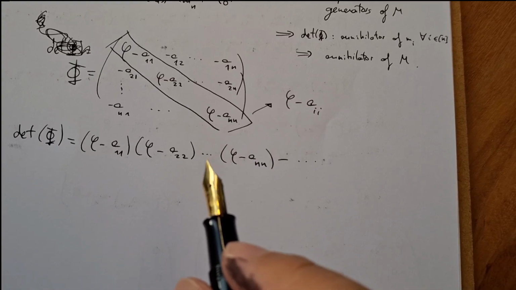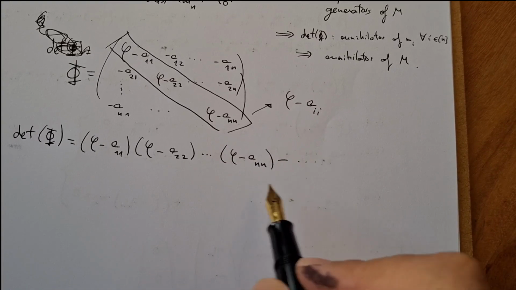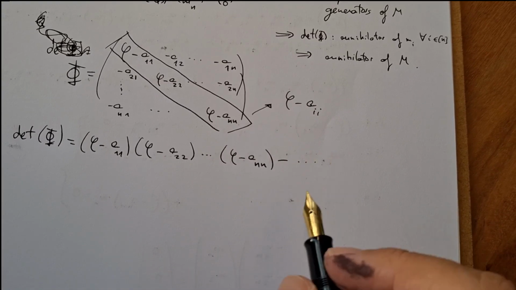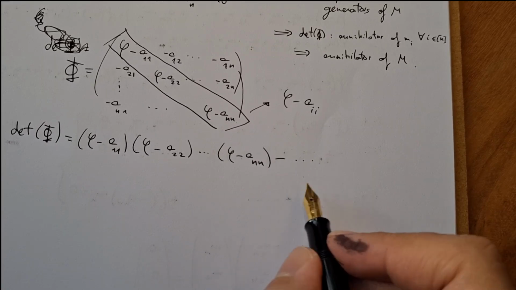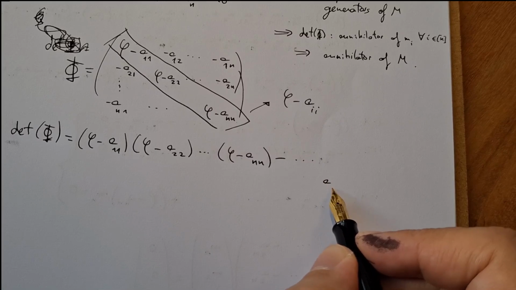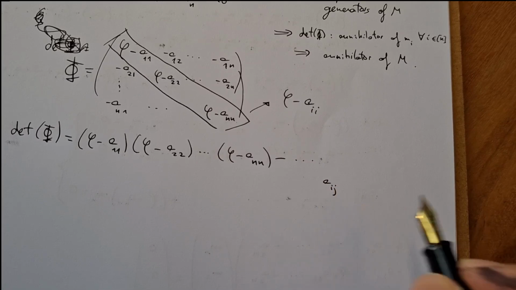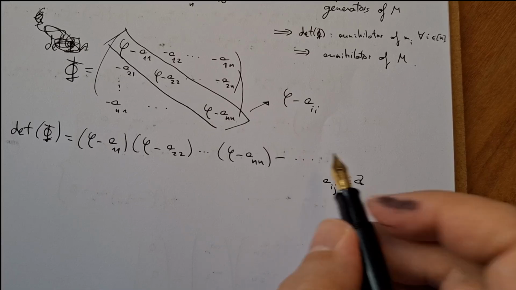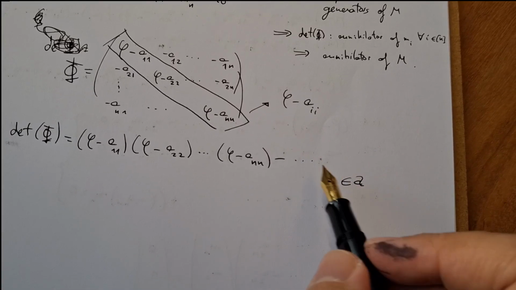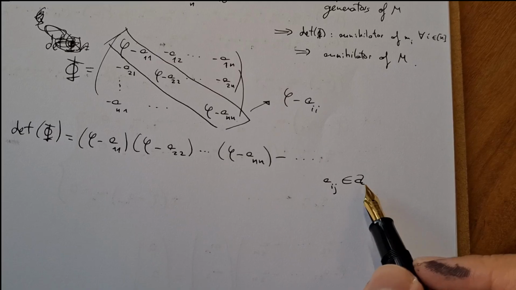But the thing is that we know that all those terms would have the coefficients. So all the a sub ij combinations will be in the ideal. So combining all those things, the coefficients will be in the ideal.